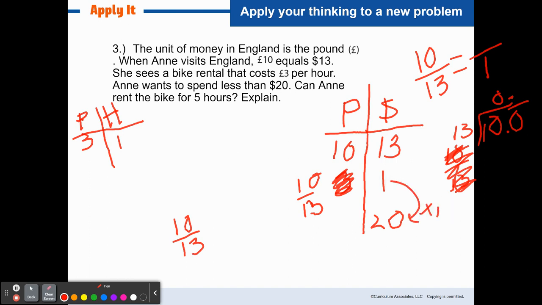The relationship here is to multiply to get from 1 to 20. Same over here. So let's multiply that times 20. So we have 200 over 13.